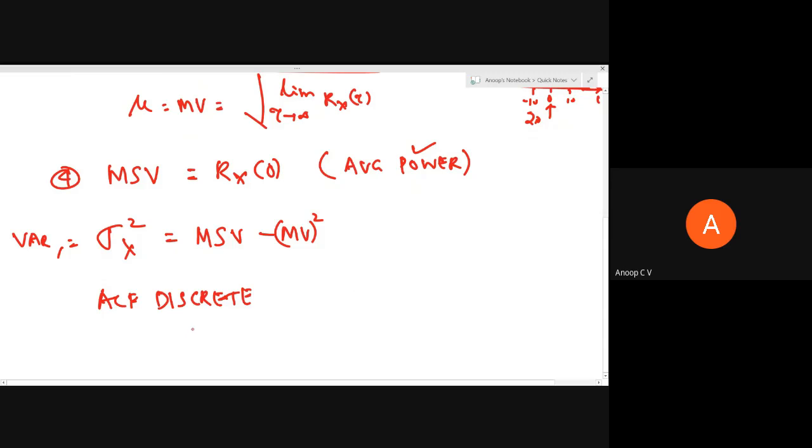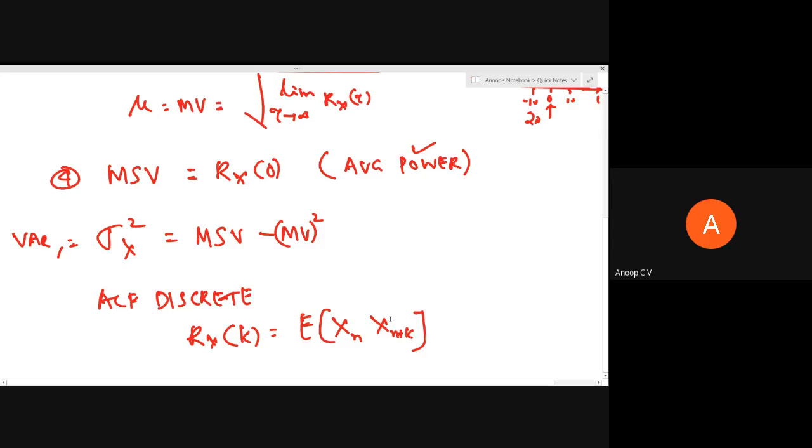Normally we represent it as Rx of k, which is the expectation of x_n and x_(n+k). Here x_n is x at time instance n, and x_(n+k) is x at time instance n plus k. Both n and k will be whole numbers.